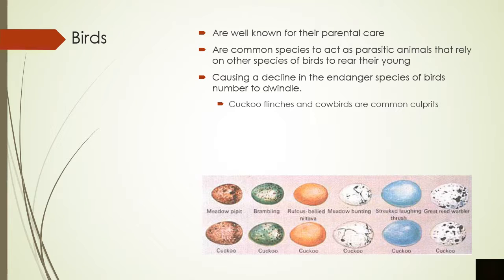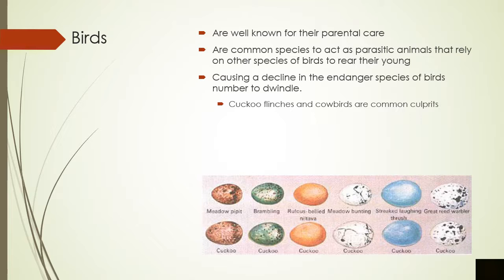Birds are well known for their parental care. They take care of their chicks from the day they come out of the ovaries to the day they are old enough to fly off the nest.